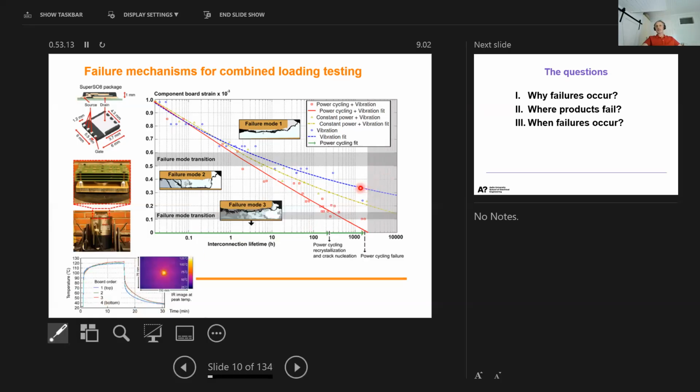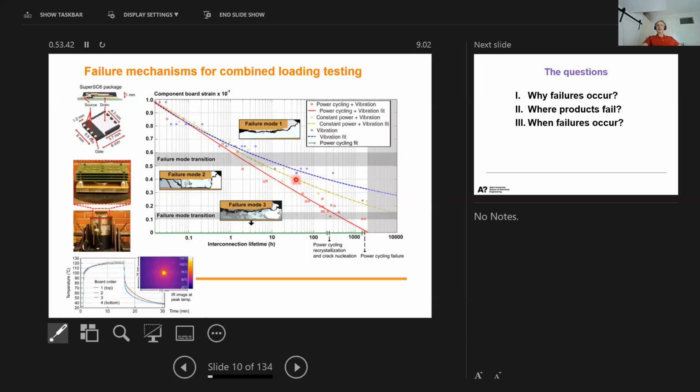Then we can see what the acceleration is. Let's pick a point from here and here. With this 0.4 strain, without the power, the failure time would be 200 hours, and with the power, something like 30 hours. So this is the acceleration.